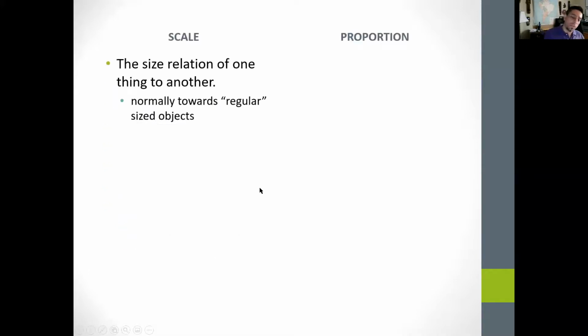With scale, the way to think about scale in general is that scale is the size relationship of one thing to another. When it talks about regular size objects, we tend to describe something as larger scale or smaller scale based on our perception of reality.